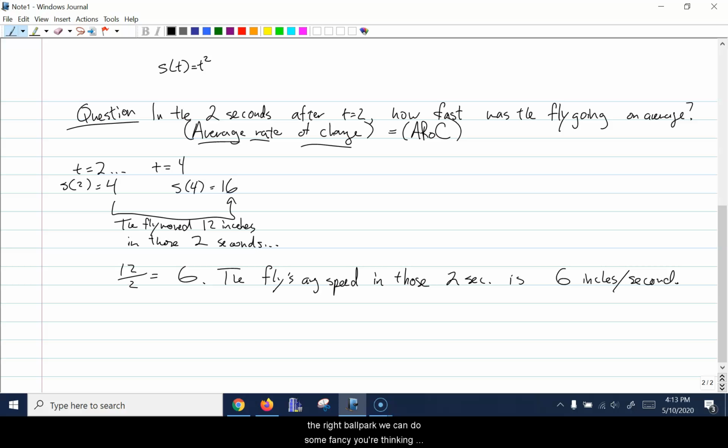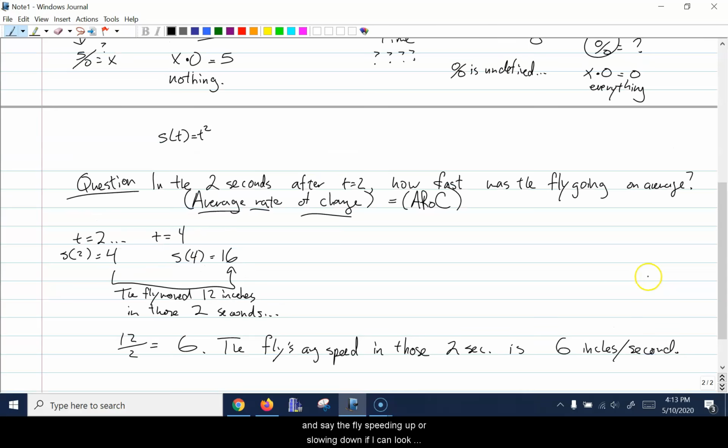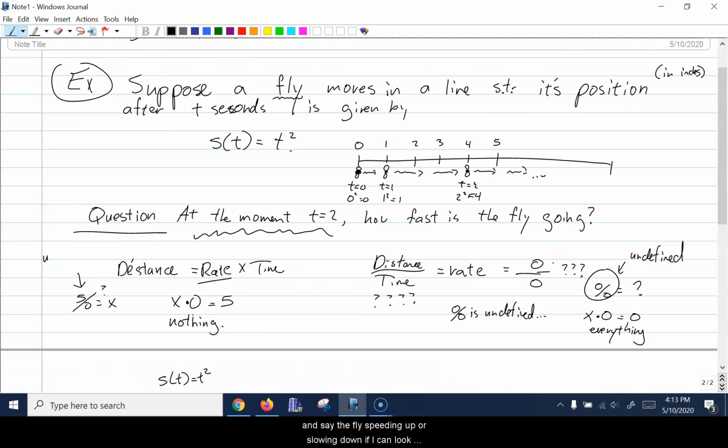We can do some fancier thinking and say, is the fly speeding up or slowing down? It took him 1 second to move 1 inch, then he moved 3 inches in the next second, and then he's going to move even more than that in the next second. So I can see that the fly is speeding up over time.